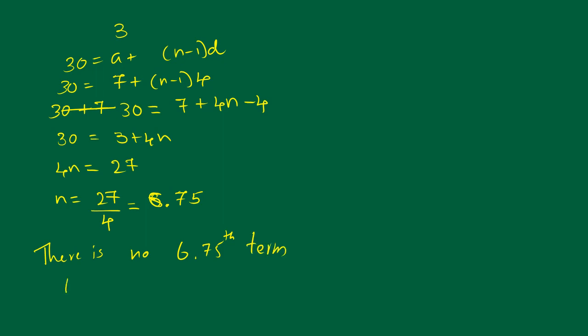You have only 1, 2, 3, 4 and so on. Only n has to be a positive integer. That means first, second, third, like this, 1, 2, 3, 4, 5. So n means the number of the term, so n cannot be decimals, fractions or negative numbers.